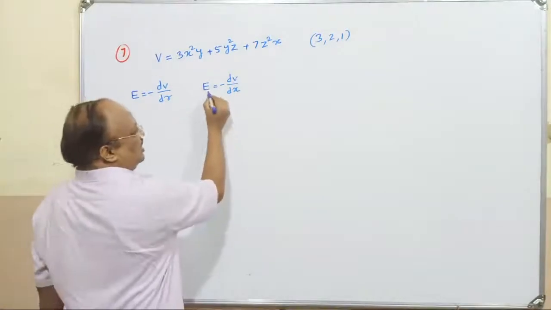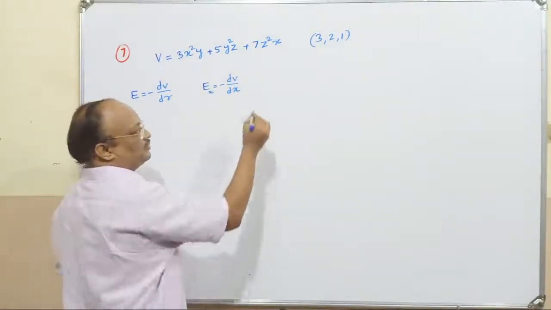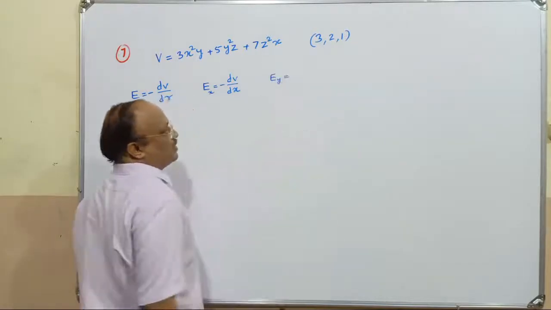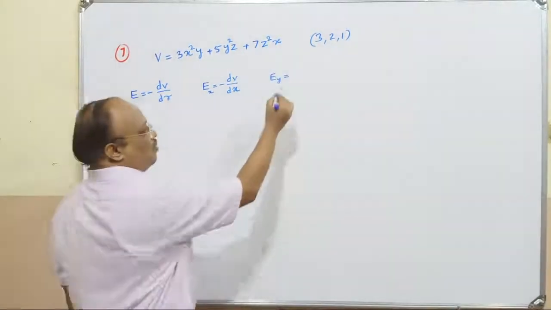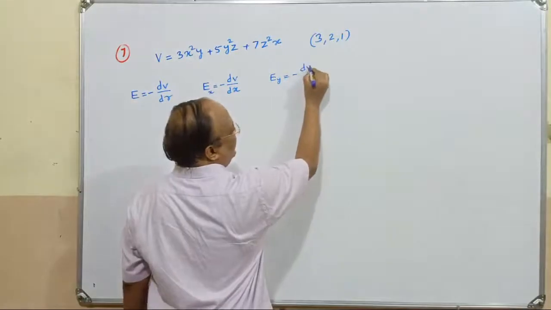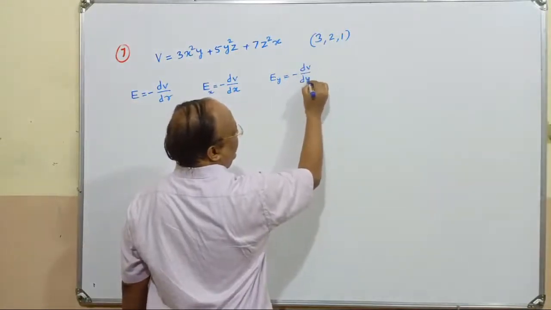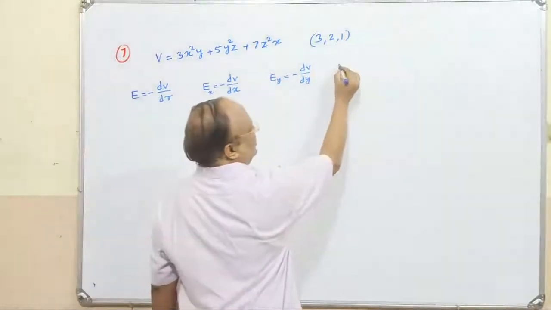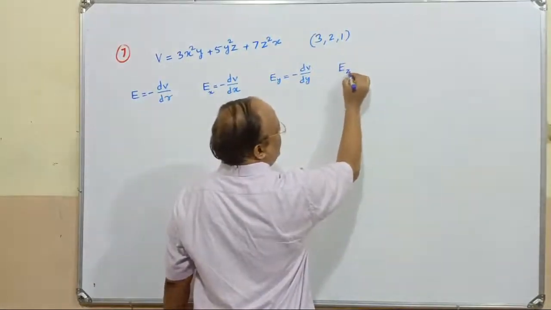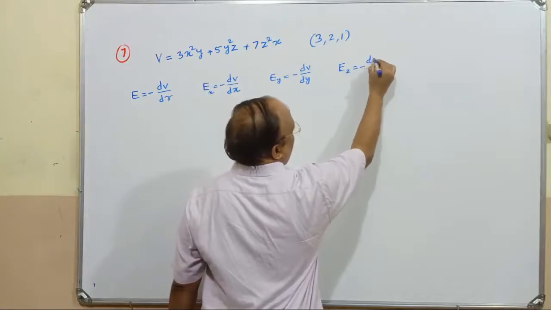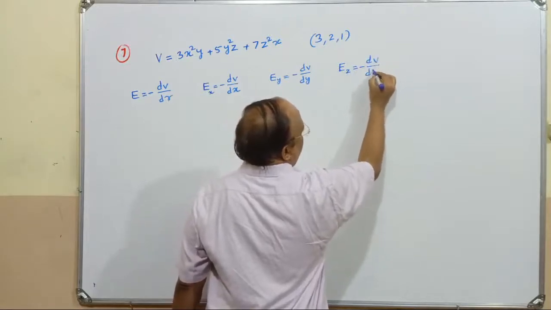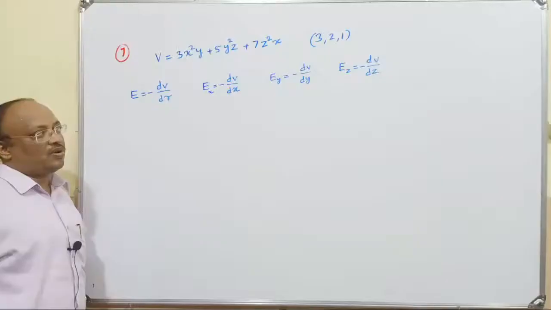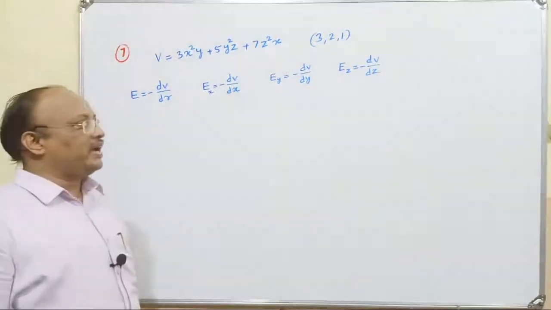Along the y coordinate, Ey is equal to minus dV by dy. Along the z coordinate, Ez is equal to minus dV by dz.